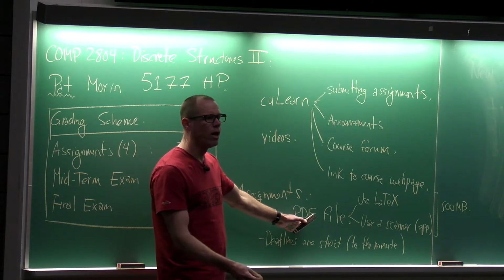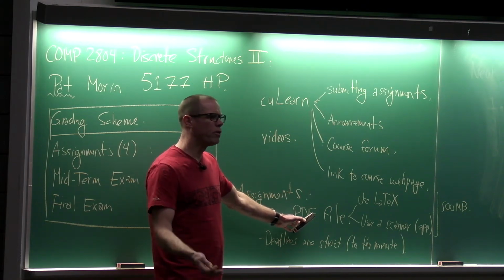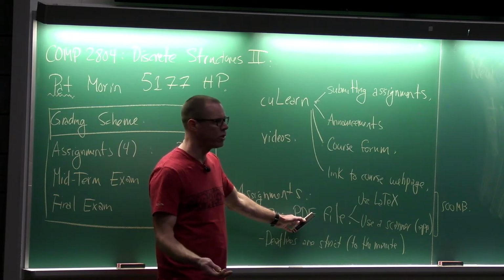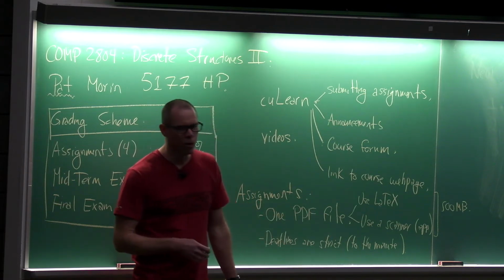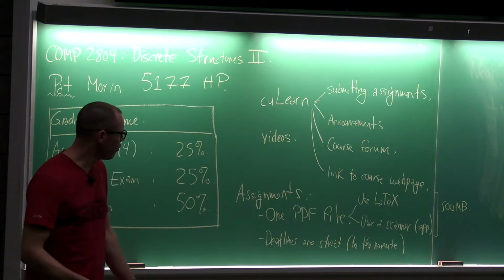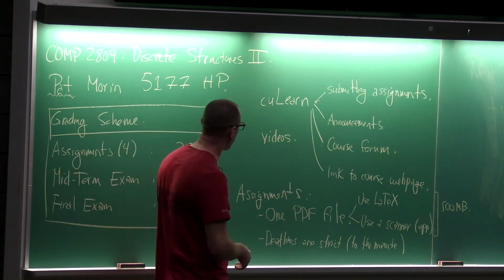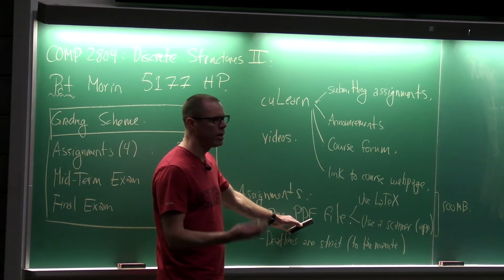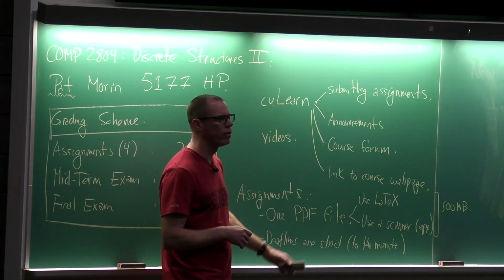Generate the PDF file, submit it, because you can always revise it. You can always update your submission up until the deadline. So if everything goes really, really wrong and you don't get to submit your final version, you at least have submitted something with half the work or 3/4 of the work done.